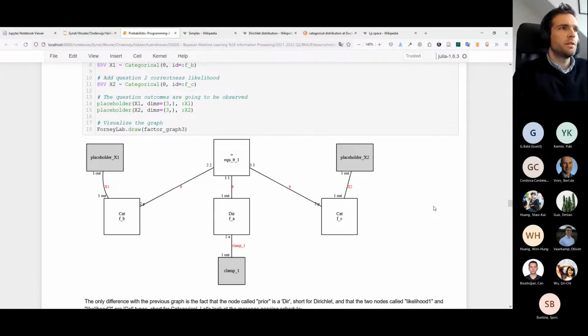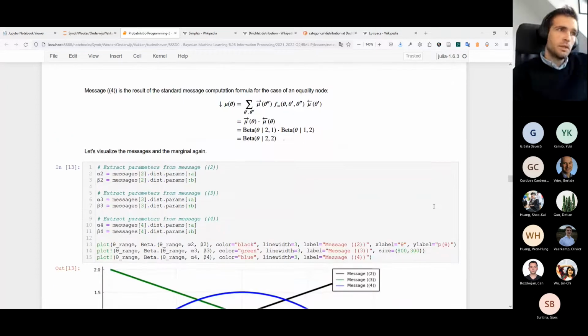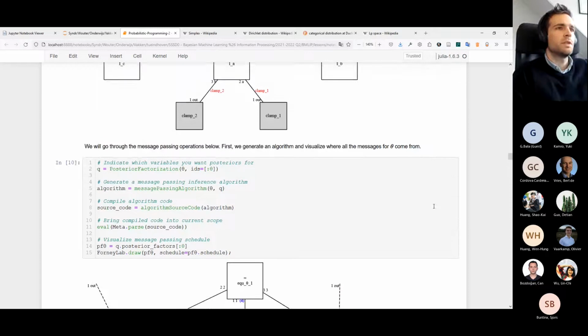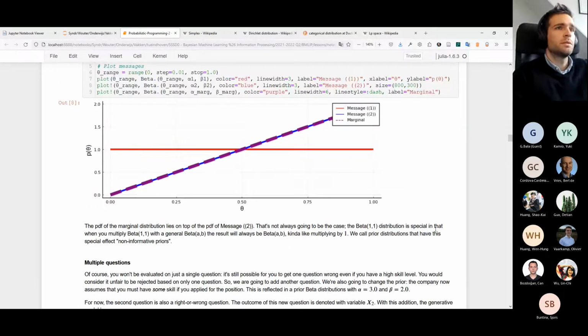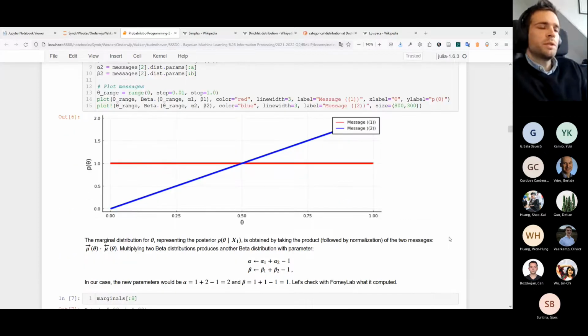Message passing is a very efficient way of automating probabilistic inference. I think it's very suited for you guys as a target set of students. But I mean, there are other options. Later in the course, we'll move into variational Bayes, which is a really fast analytical approximation technique when you don't have conjugate priors.